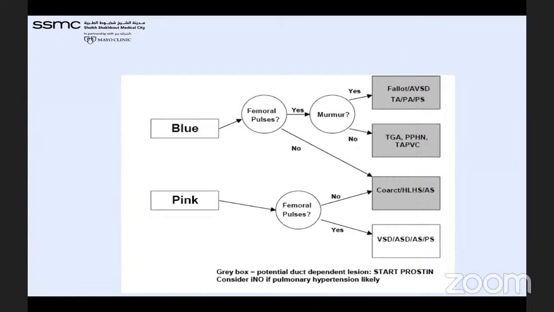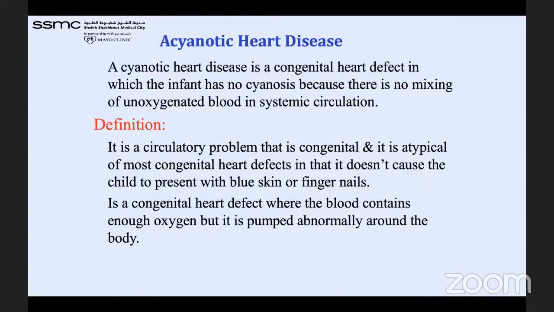You don't have to wait for cardiologists. Develop your clinical skills. You can start the life-saving drug, which is prostaglandin, at this point. If the baby is pink, femoral pulses are present, and there is a murmur, then VSD, ASD, and you shouldn't start the prostaglandin. So this is a very important way to look into it.